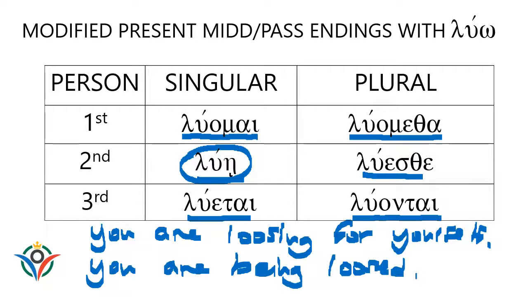And so we would have to ask ourselves which one best fits the context, the middle voice or the passive voice, and then make our decision how we are going to translate it. So I hope that makes sense. If it doesn't, don't fret right now. We will do some translation practice work at the end of this lesson.